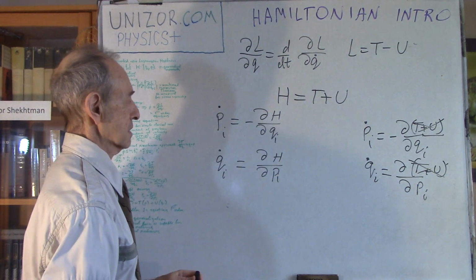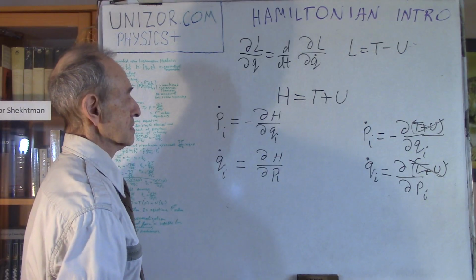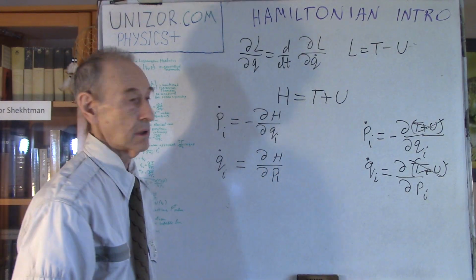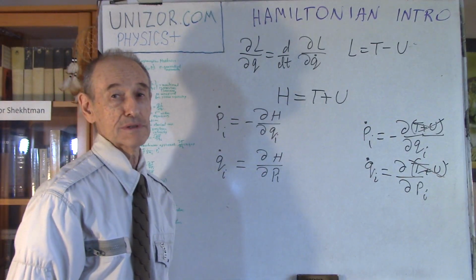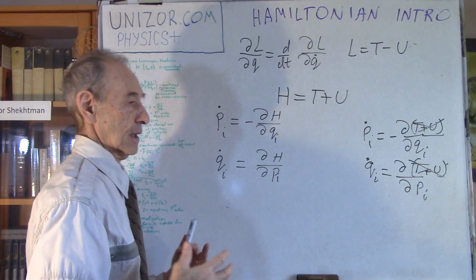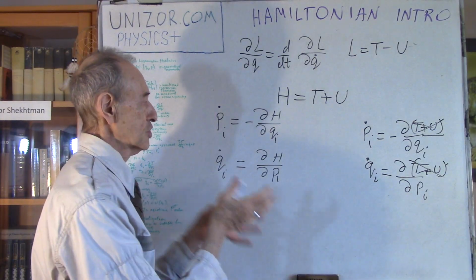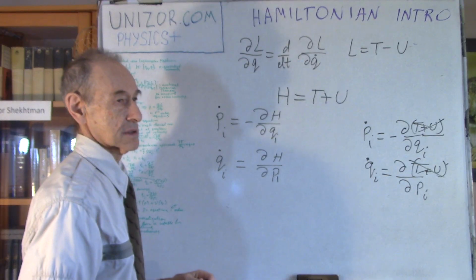We have 2n differential equations of the first order, and quite frankly it looks much more beautiful than this one. So this is the main road which introduced us to Hamiltonian mechanics.